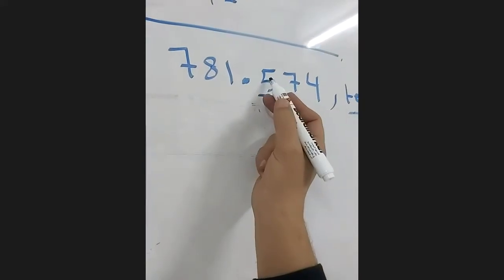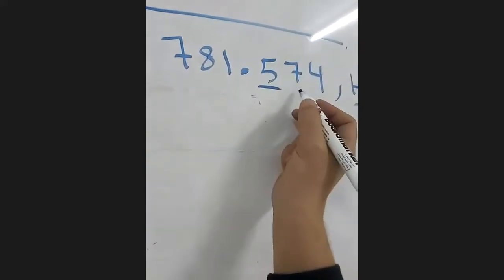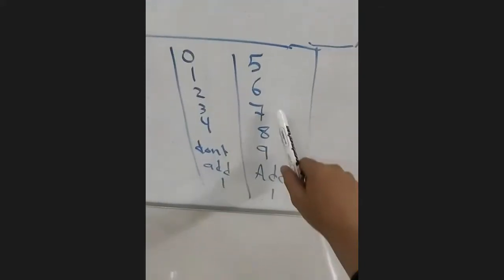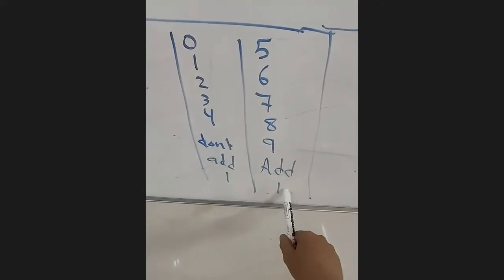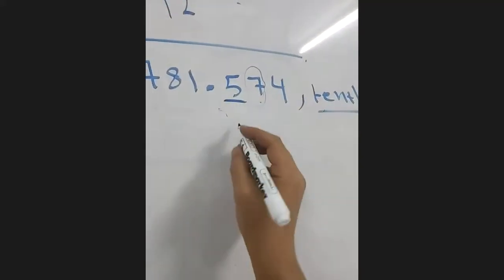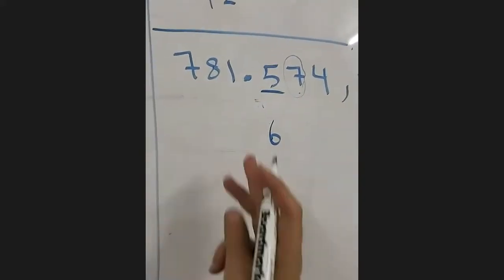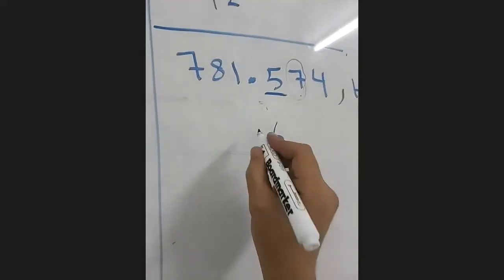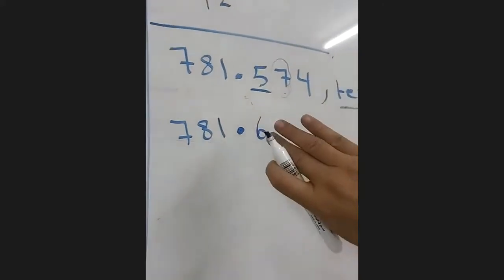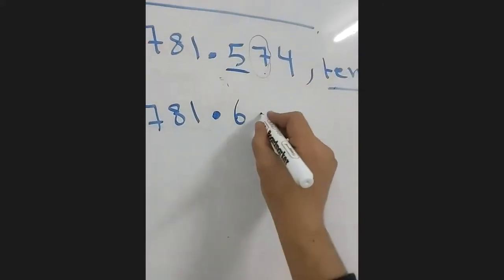I take a look at the number after the 5, which is 7. Where is the 7 located here? The 7 is here, so we add 1 to the wanted digit. The wanted digit is 5, add 1 to it, and the 5 will be 6. The previous numbers will stay the same, but the next numbers will be zeros.